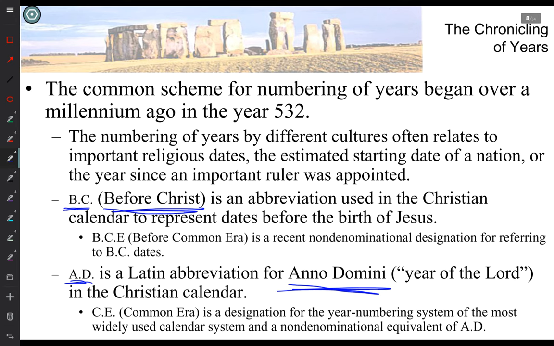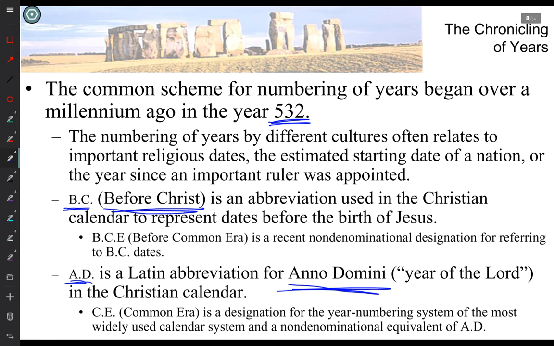We're Facebook friends, and so I sent him a post a few years back just clarifying that it wasn't until 532 with our current numbering system that this system was adopted. So this system was not around at the time of Christ. It wasn't like, wow, look who was born in year 1 AD. What a coincidence. It's not the way it worked out.